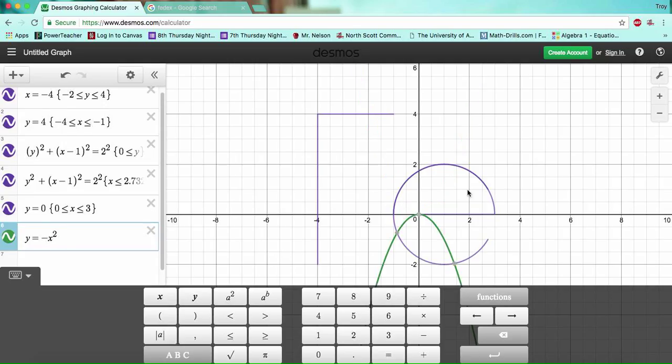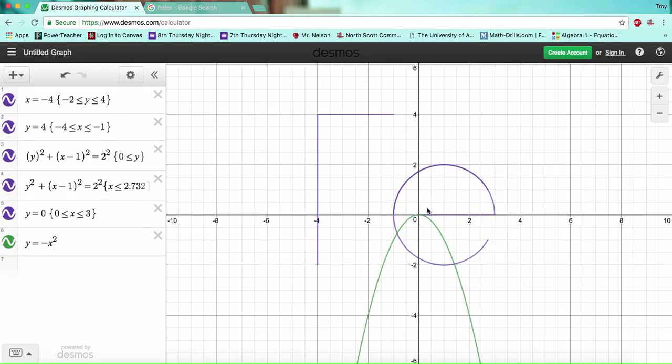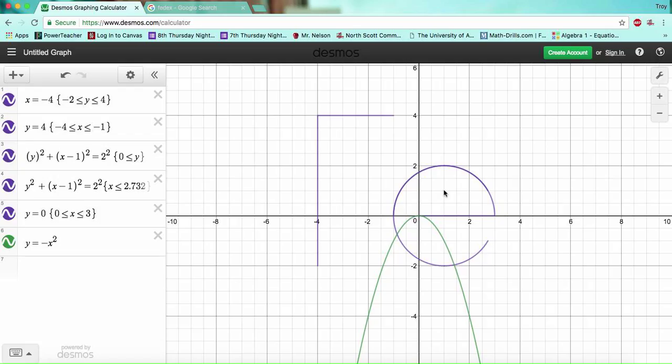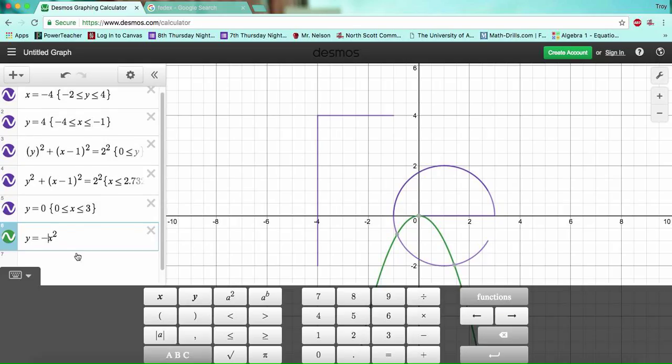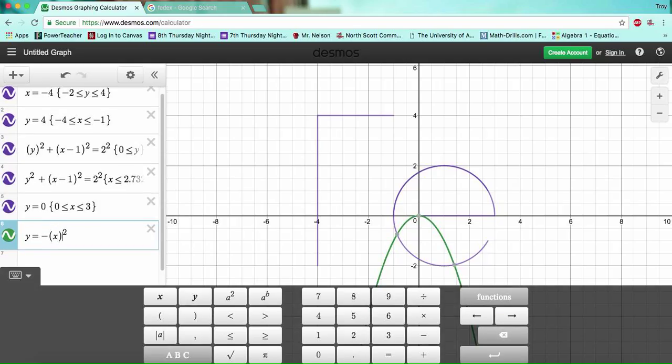But now if I want my parabola's vertex to be right here at the point 1, 1, then I'm going to need to make changes to x in the parentheses and changes to y. If I add 1 on the outside, it moved it up to 1, but now I have to also take away 1 so that it moves it over.